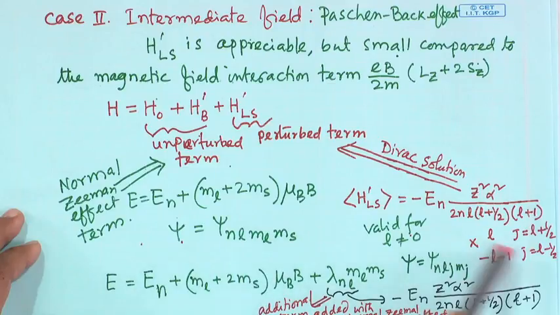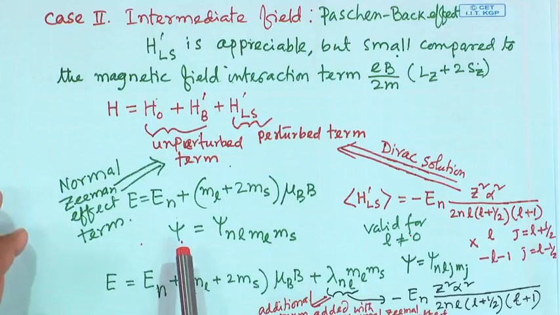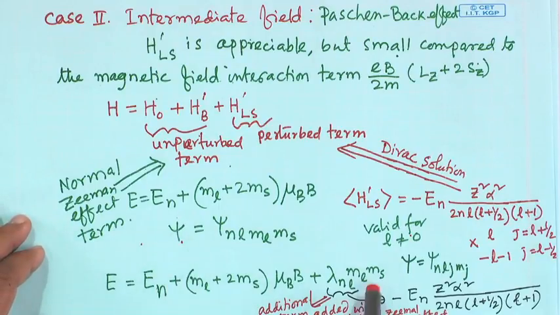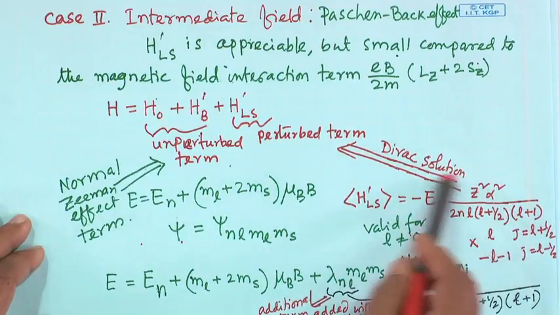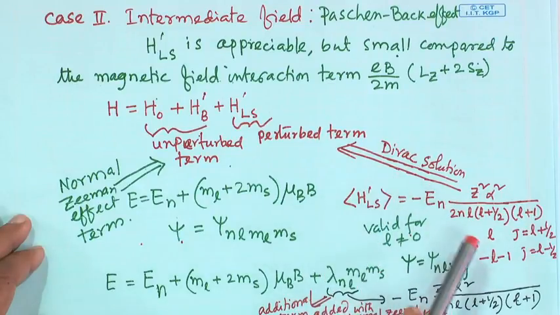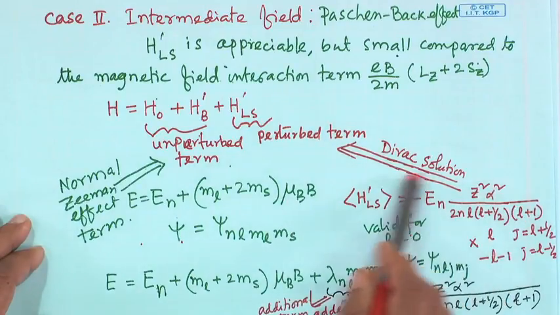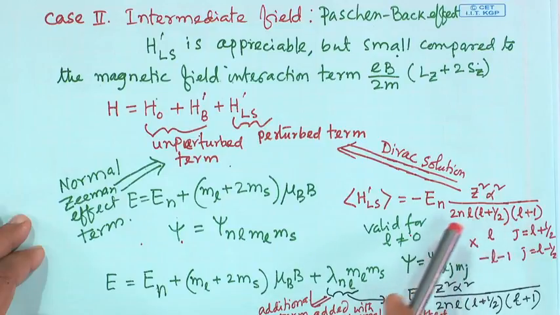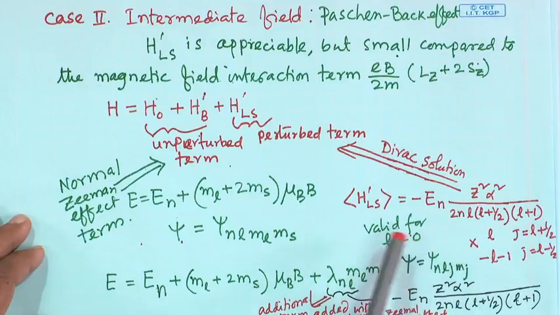If we consider the direction along z, the quantum number along z gives m l in the case of L and m s in the case of S. We are not using the Dirac Hamiltonian solution directly.